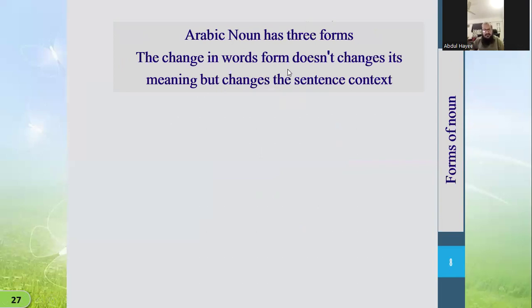The change in the word's form doesn't change its meaning, but changes the sentence context. Hamid remains Hamid in all the three. If it's fa'il, it still is Hamid. If it's maf'ul, it's still Hamid. If it's getting some relation, it's still Hamid. The meaning of that word does not change, but the status changes. In first, it's fa'il, that is subject. In second, it's maf'ul, object. In third, it has some relation. It's a relative noun.